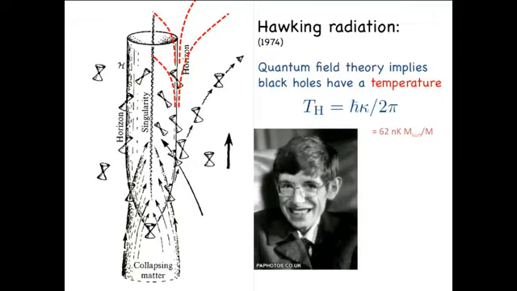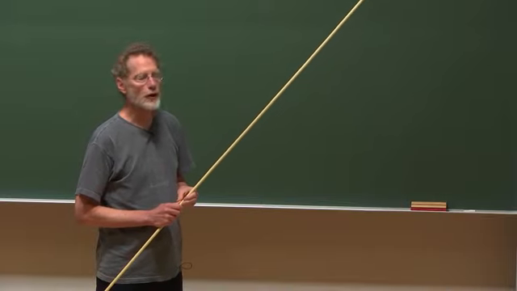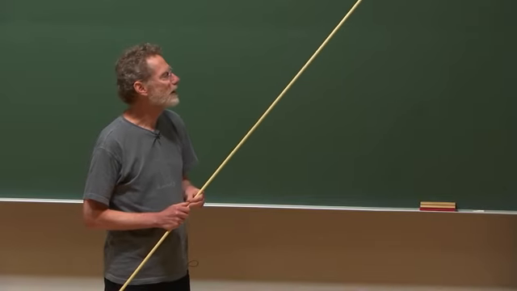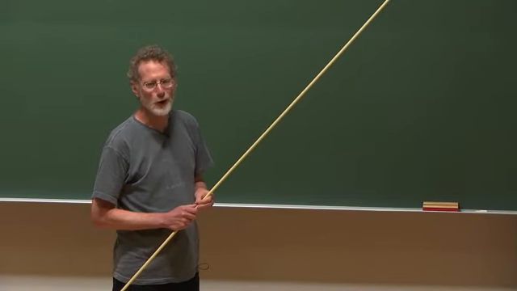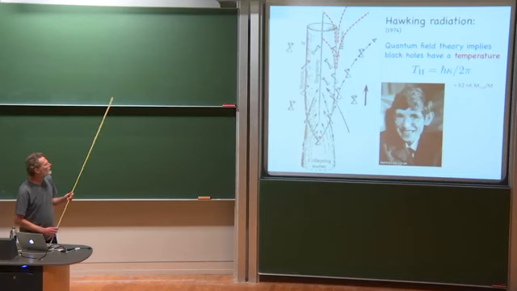So the Hawking temperature of the 30 solar mass black hole we just heard about earlier today is 2 nanokelvin. And I'll be telling you about other black holes, and you'll hear in the next talk much more about that, whose Hawking temperature is also of order nanokelvin, but they are a little bit smaller.